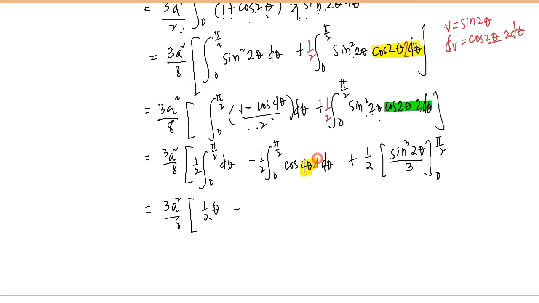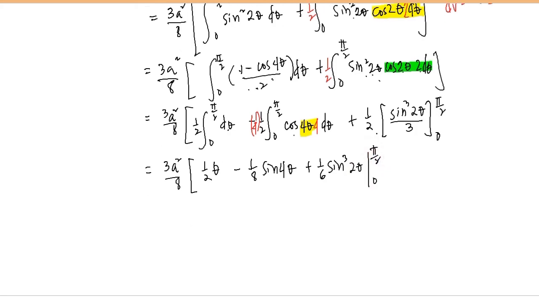So we multiply 4 here and we multiply 1/4 outside. So that would be equal to 1/8. And the integral of cosine is sine 4 theta. And this one, we have here 1/6 sine cube of 2 theta with the limit from 0 to pi over 2.